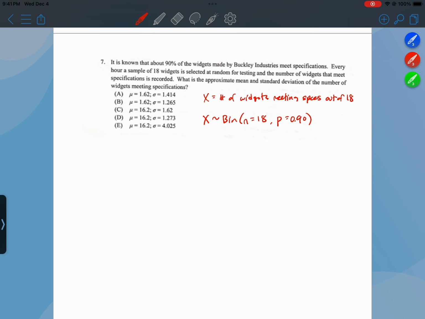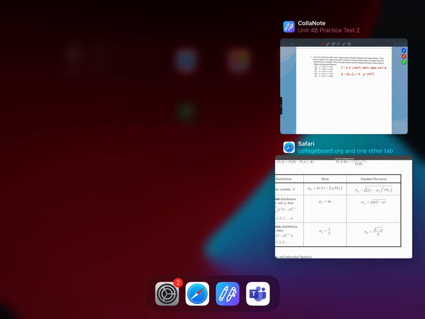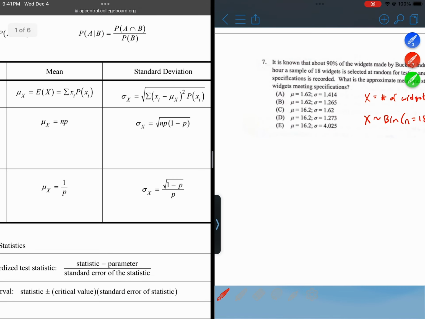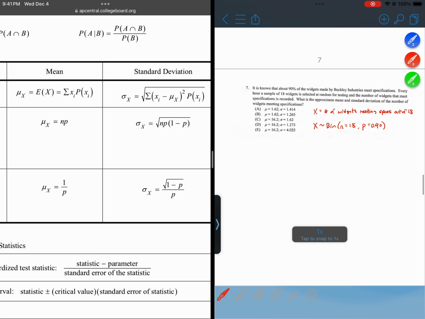All right, why don't I do this? Split screen. So the mean is n times p, so that's 18 times 0.9, which is 16.2.